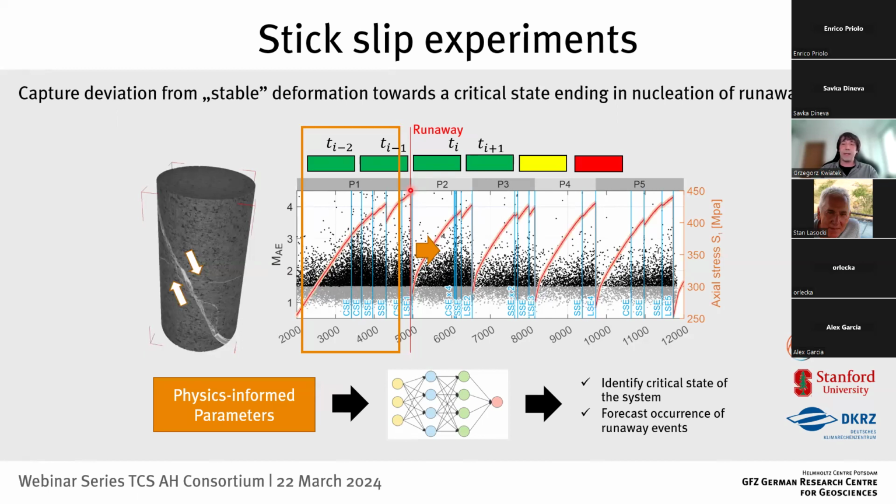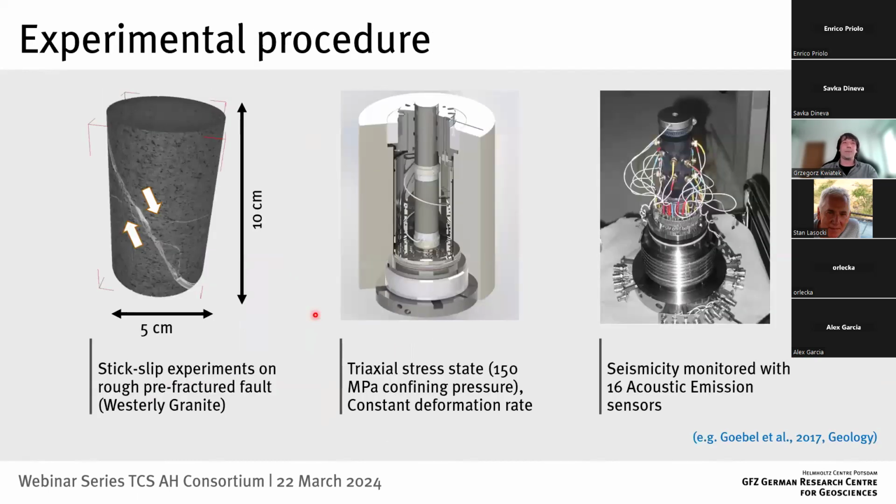The stick-slip experiments, for those who don't know, are an analog of the earthquake cycle, where you load a pre-existing fault, and that results in periodic, repetitive, violent slip on the fault surface. They are shown here with the large stress drops in the axial stress data.